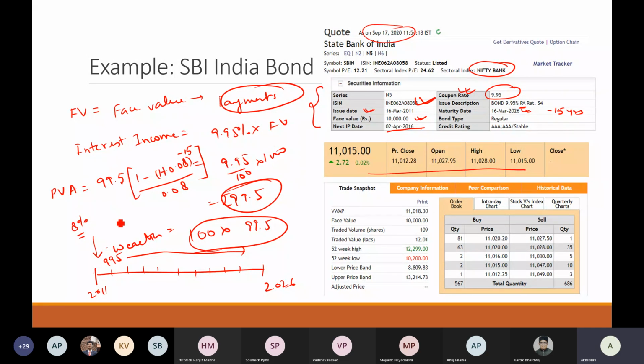And at the end, remember, face value is how much? Face value is 10,000. So when it matures, you will also get this amount at the end of the 15th year, or at the end in year 2016. If we do this, we should be able to calculate the present value of this bond.